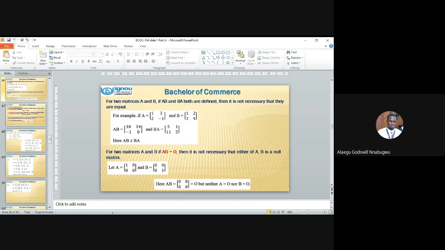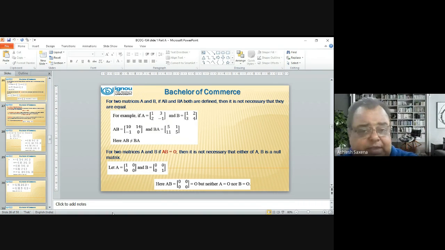So I will be continuing. For two matrices A and B, if AB and BA both are defined, it's not necessary that they are equal. See over here, A is 1, 3, 2, minus 1, and B is 1, 2, 3, 4. We are multiplying AB. We are getting 10, 14, minus 1, and 0.